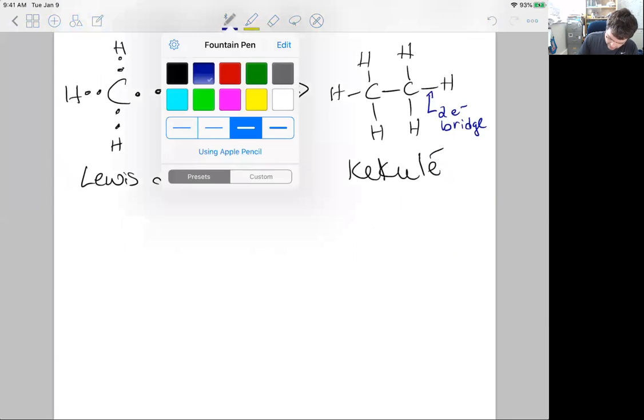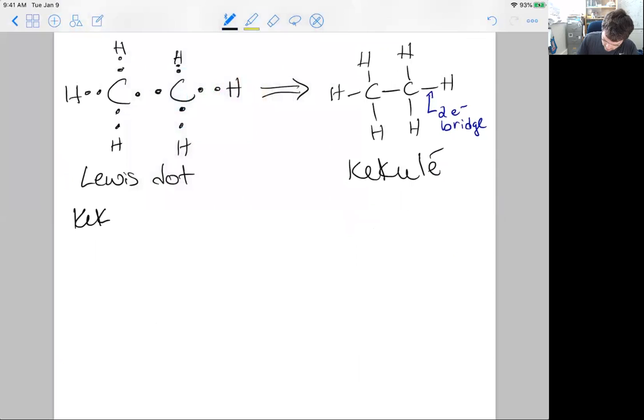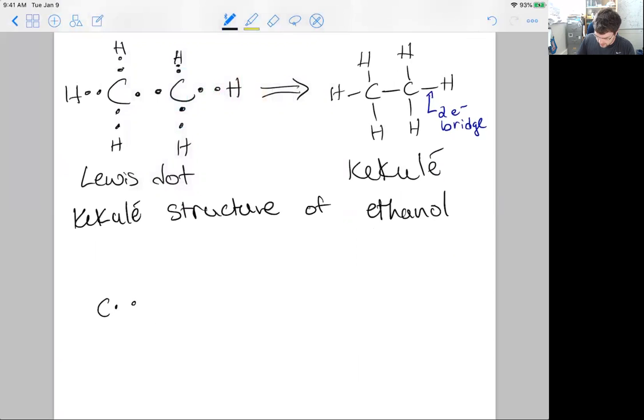Okay, let's look at the Kekule structure of ethanol. In the Kekule structure of ethanol, we originally had something like this.